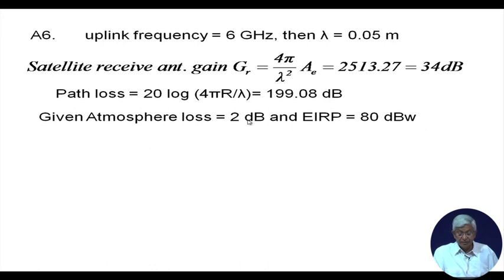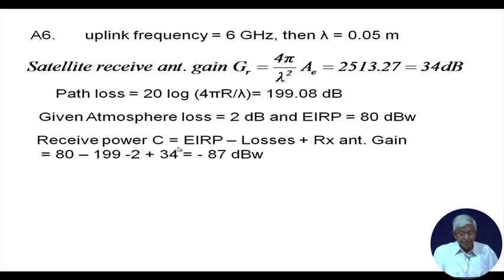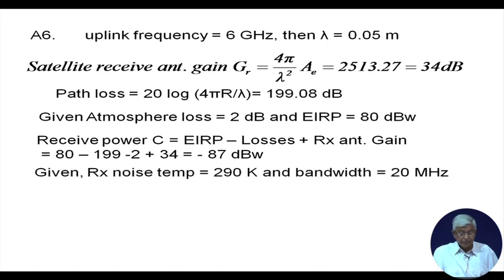Atmospheric loss is an additional loss, that is 2 dB given, and EIRP for the earth station is 80 dBW towards the satellite. So, the received power at the satellite is EIRP minus losses plus the receive antenna gain at the satellite. EIRP is already given, path loss is 199 and miscellaneous loss is 2 dB, and the antenna gain we calculated is 34. So, received power is minus 87 dBW, and since it is C by N, we have to find out noise.